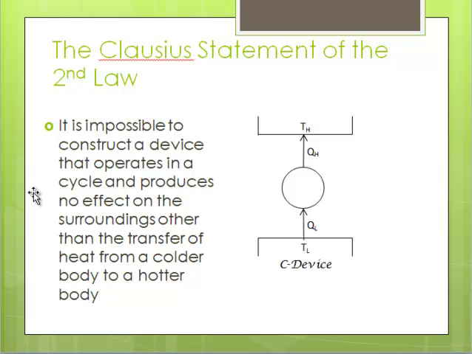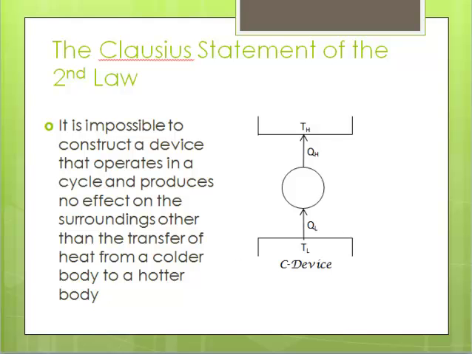This one says it's impossible to construct a device that operates in a cycle and produces no effect on the surroundings other than the transfer of heat from a colder body to a hotter body. So I cannot create a refrigerator that takes heat out of your cold food and puts it into the warm surroundings, because if I do that, I have to have work input. So the Clausius statement says you can't build a refrigerator that doesn't have work input.